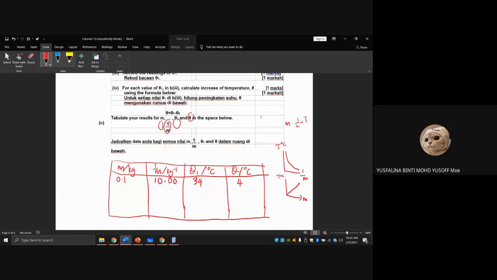They can ask you to draw any random graph. Actually this one we basically know: if the mass increases, the theta decreases.